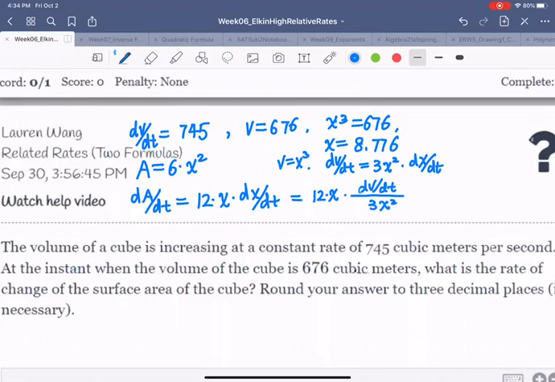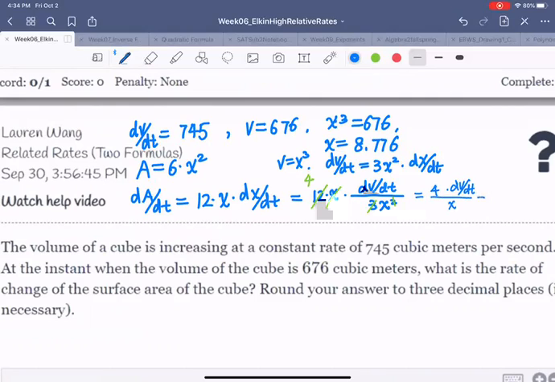We do the simplification to help us. Now, 12 and 3 cancel into 4, and this x and this x cancel. So this gives us 4 times dV over dt over x.